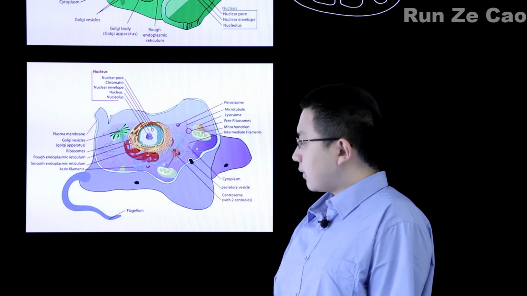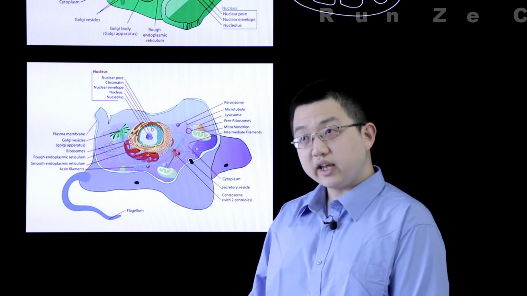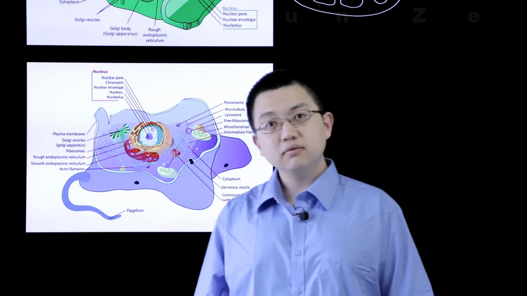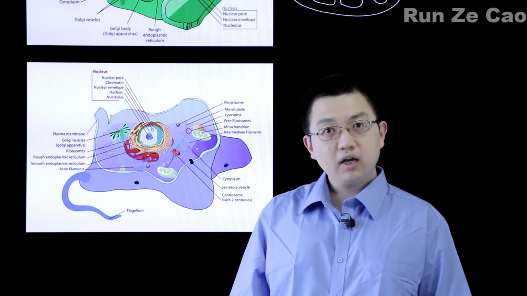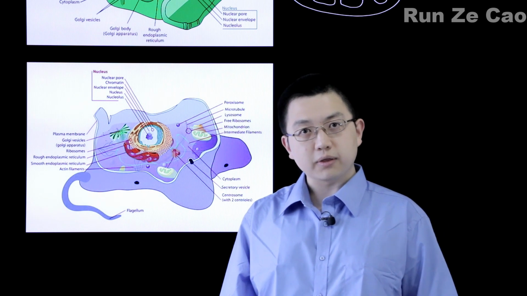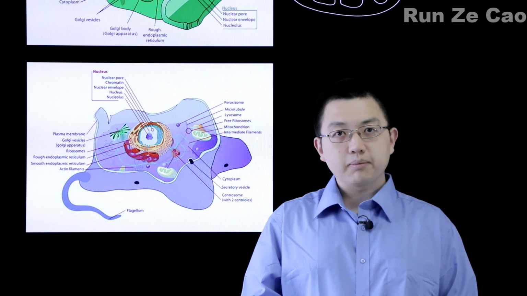Peroxisome. Now, peroxides are harmful to cells. The great oxygen catastrophe, or the great oxygenation event, depending on how you want to call it, actually wiped out most of the life on Earth, because most of the life on Earth was anaerobic and not adapted to oxygen, and oxygen destroyed their organic molecules.